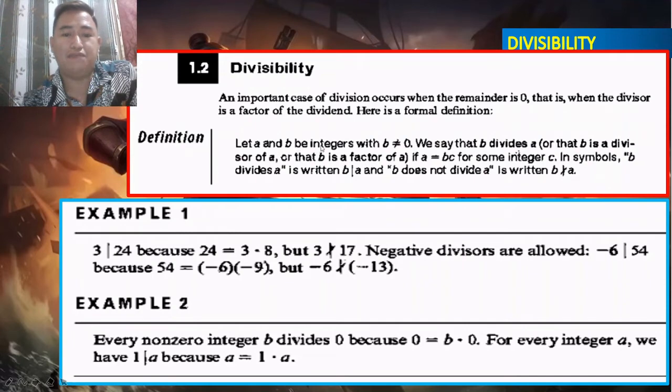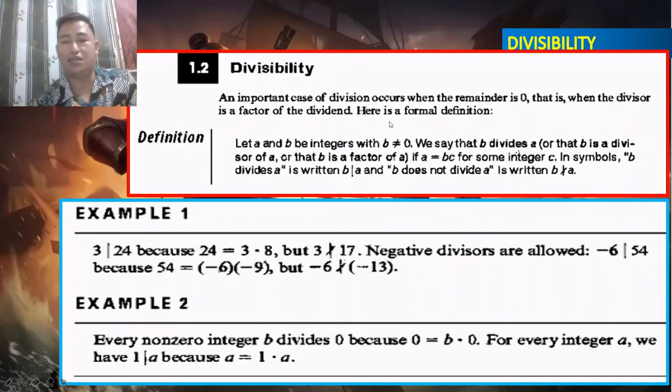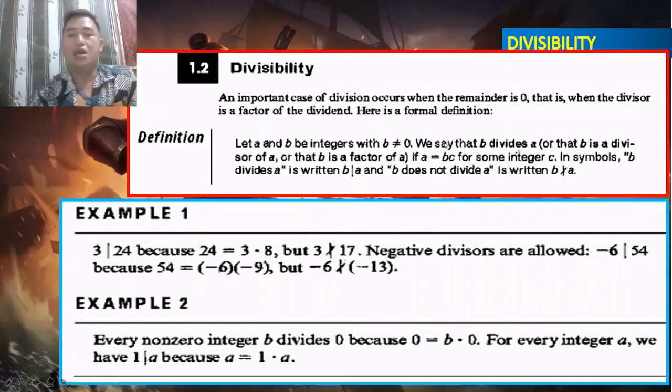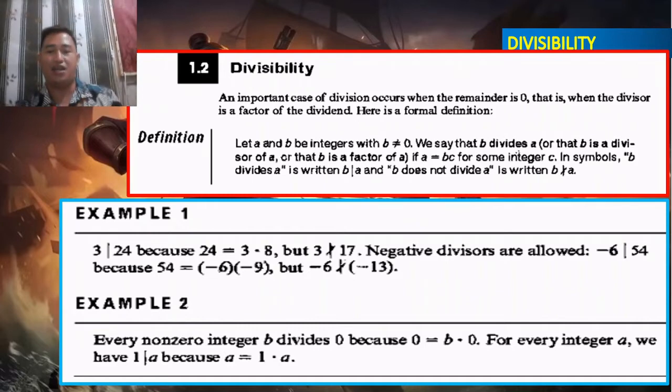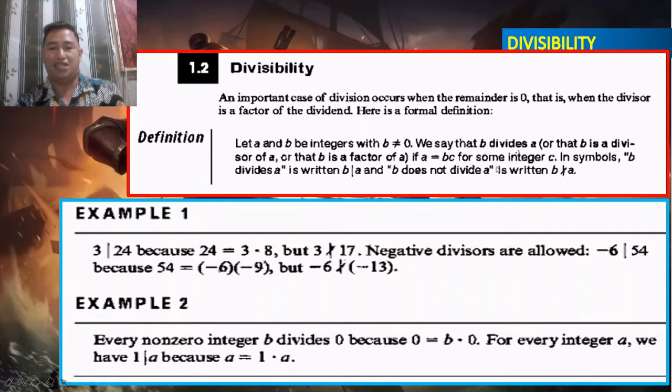So let a and b be integers with b not equal to 0. Just not 0 for b. We say that b divides a, or that b is a divisor of a, or b is a factor of a. So there are many terms. You can say b divides a, b is a divisor of a, or b is a factor of a if a is equal to bc for some integer c.